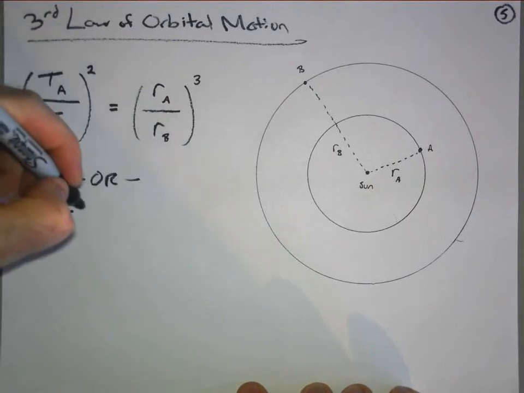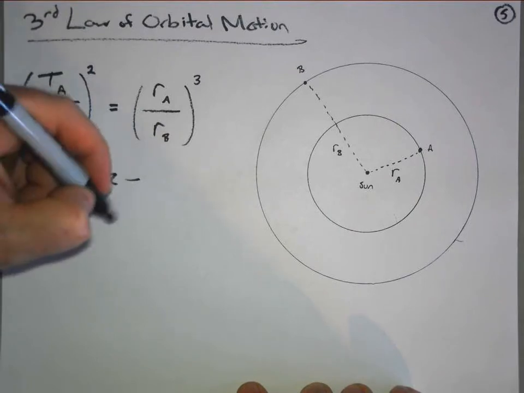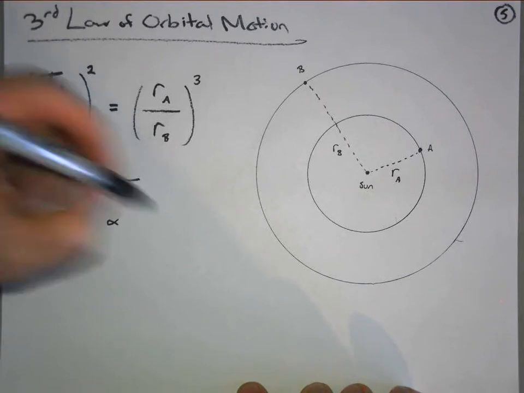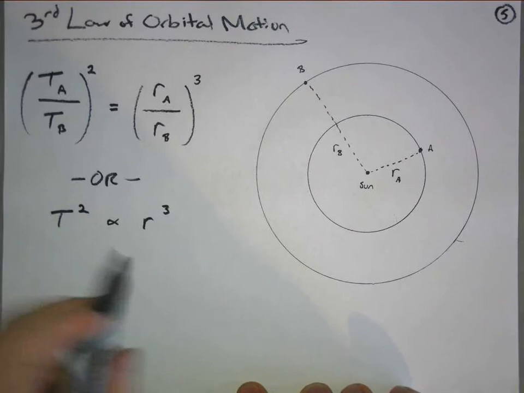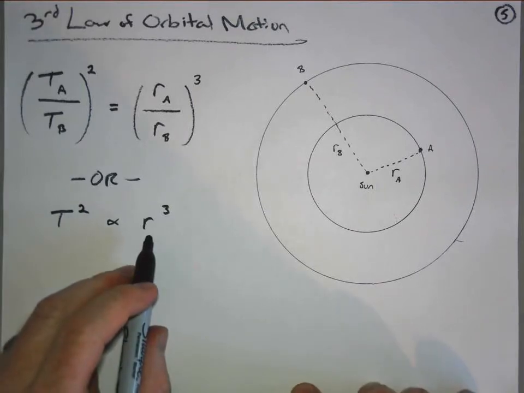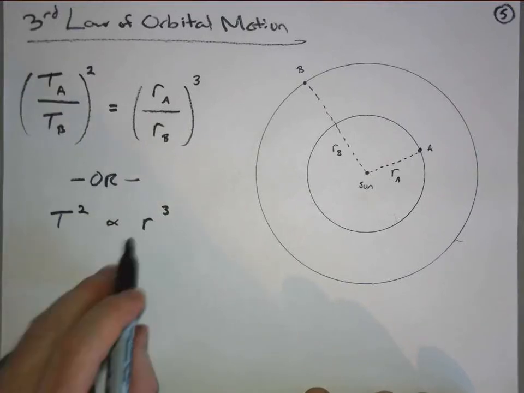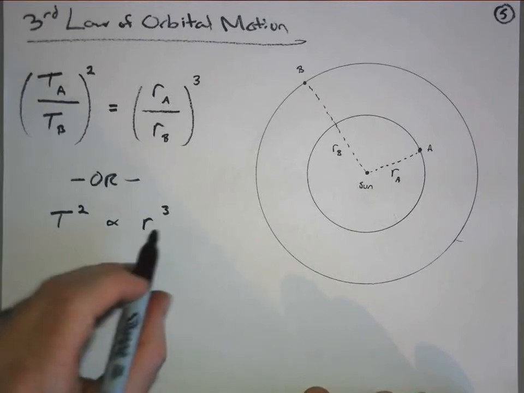The square of the orbital period of any planet, or any moon, or any satellite, I'm not going to put an equal sign, I'm going to put this, it means proportional, is proportional to the cube of the orbital radius of that planet. So this is not an equation. We are not equating the two. There's not an equal sign. But we're going to see this come back to us.